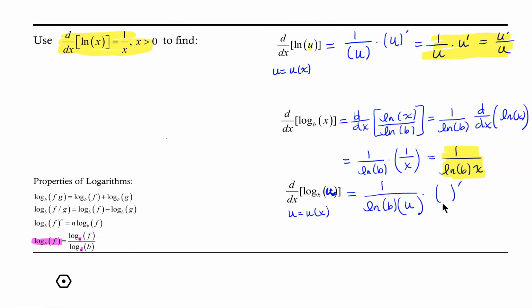So u is placed where the argument goes, and we end up with 1 over natural log of b times u, times u prime. And that is our derivative for log base b of u.